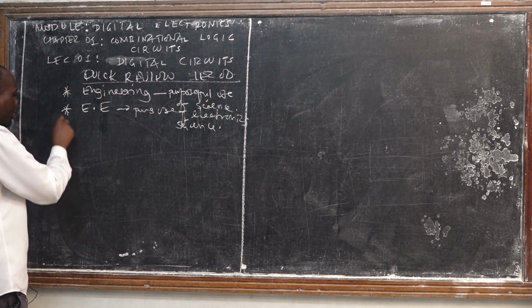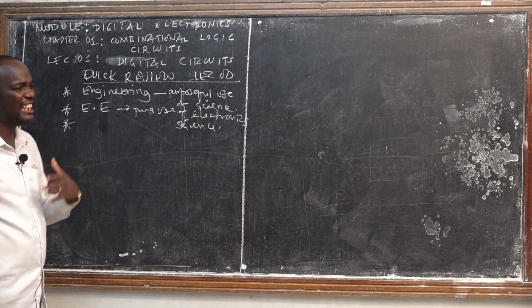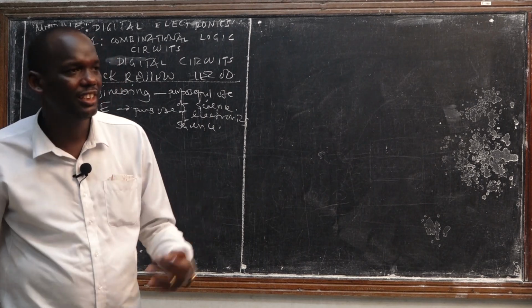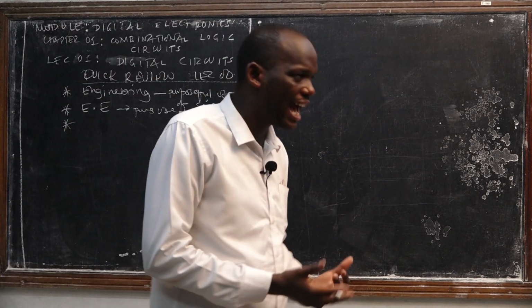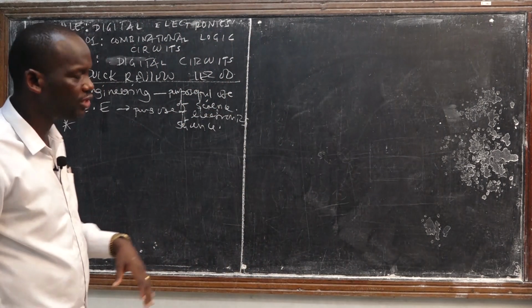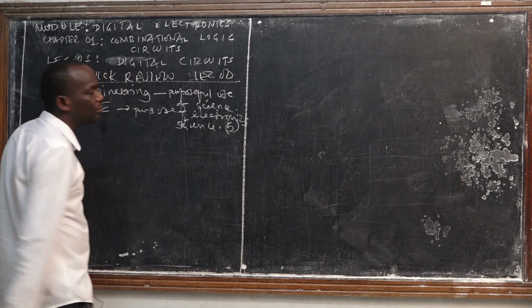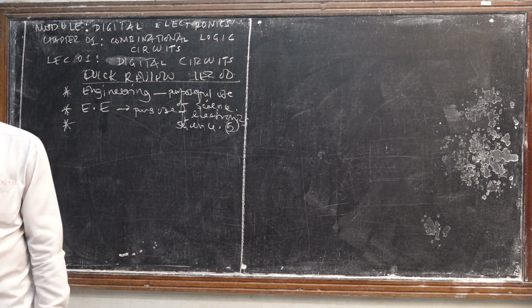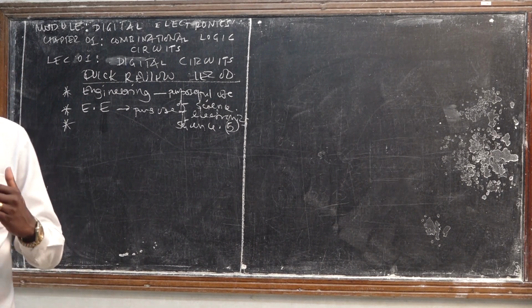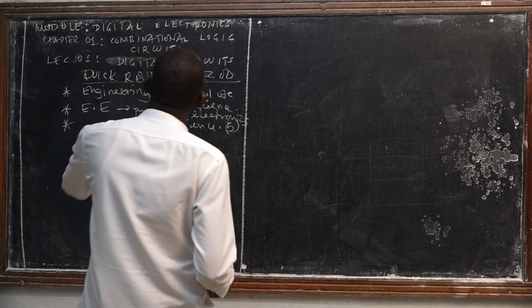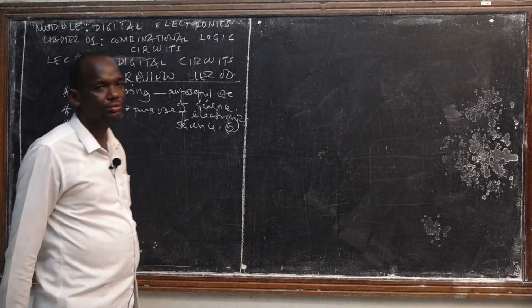Electronic science we were introduced to in primary school, but very little, concerned with semiconductors, transistors, diodes, and that's all. But in A level, we were introduced to 5 subtopics of electronic science, and I think the first one is called digital electronics.